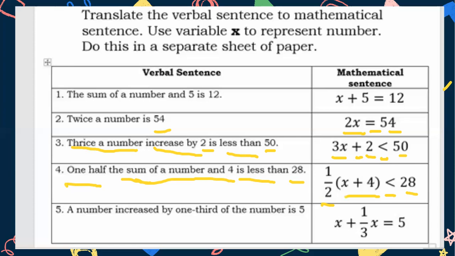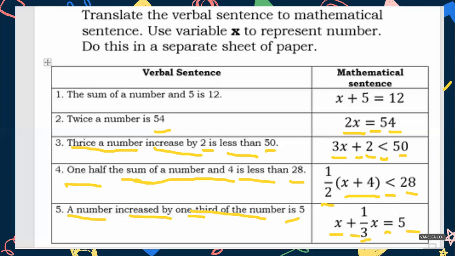Next, number 5. A number, so it means that is x. Increase by, that is plus, increase by 1/3, 1 over 3 of a number. May a number pa, 1/3 of a number. It means 1/3 x. Is, anong ibig sabihin ng is? That is equal. And then 5.